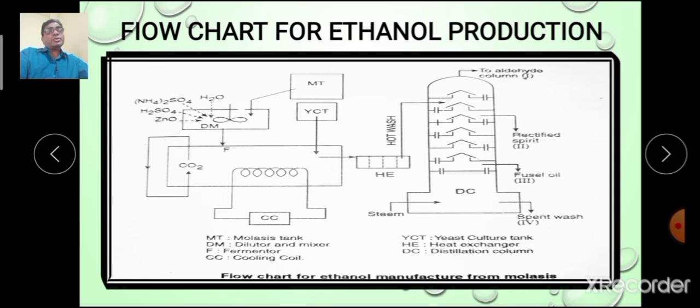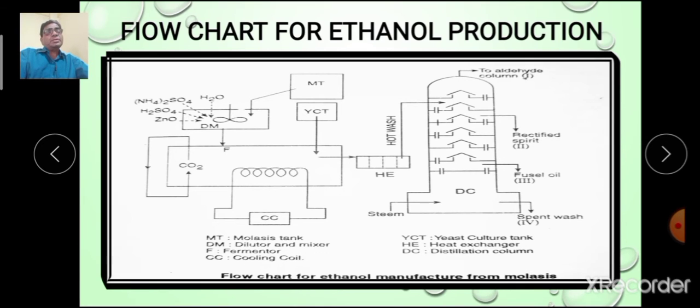While this is produced, CO2 gas is evolved, and hence the process appears like boiling. Heat is also evolved as it is an exothermic process, and therefore cooling coils are there to remove the heat.